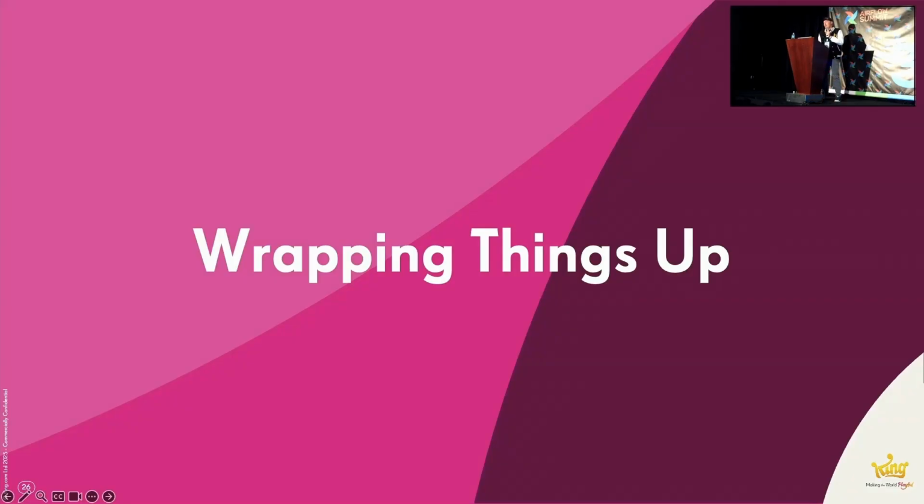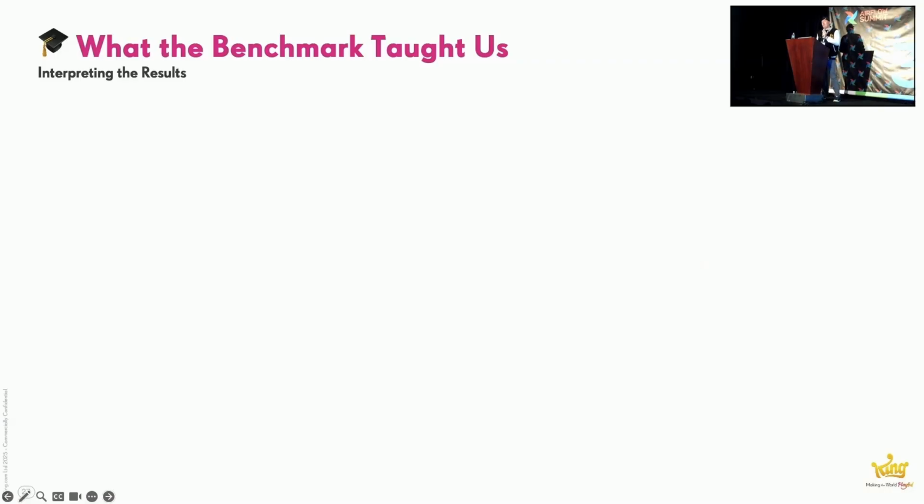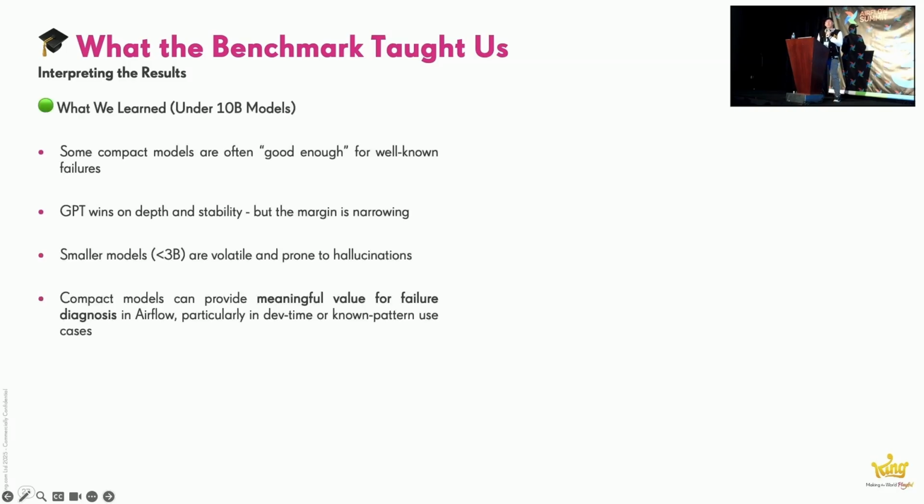All right, so let me just wrap this up. What has this taught us? How do we interpret this? Well, what we learn is using sub 10 billion parameter models here. Some of these models are good enough, I think, in some scenarios, but clearly, GPT is still winning on depth and stability.